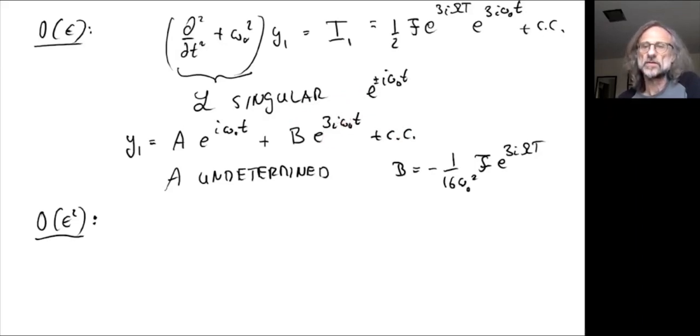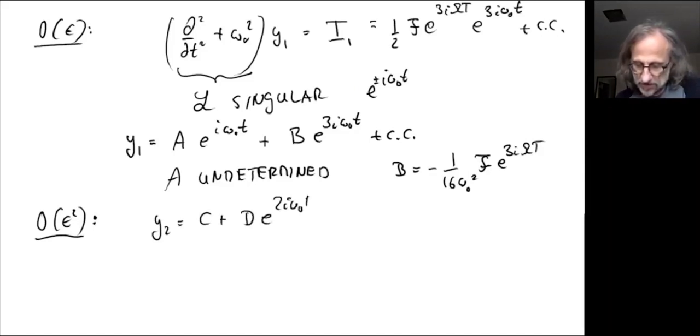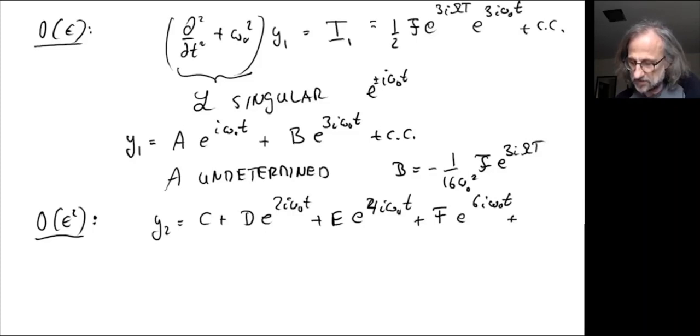So the point is you go all the way from minus 6 to plus 6 in even steps. So the y2 looks like a C plus a D e to the 2i omega naught t plus an E e to the 4i omega naught t plus an F e to the 6i omega naught t plus cc.